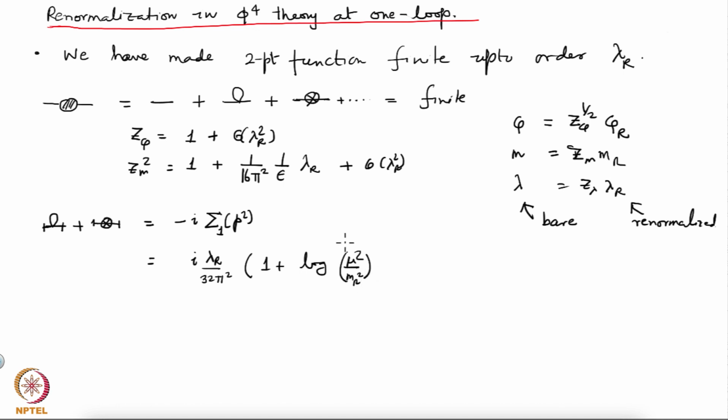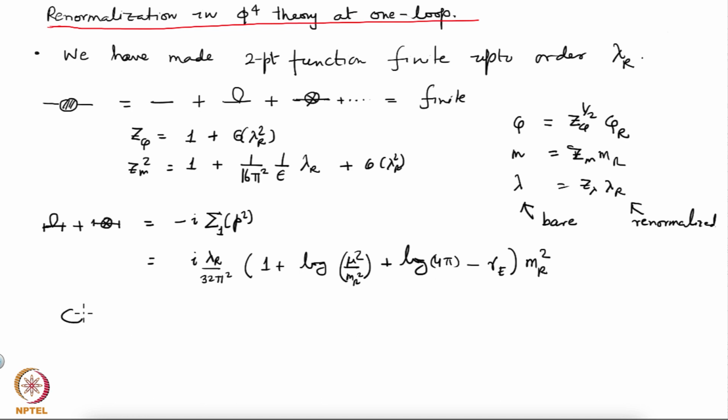This is good because log should have in its argument a dimensionless object, otherwise there is no meaning to the argument. This is correct because you have mass dimension 2 in the numerator and mass dimension 2 in the denominator, so log has a dimensionless argument, as it should. And then log of 4 pi minus Euler gamma times m r squared.